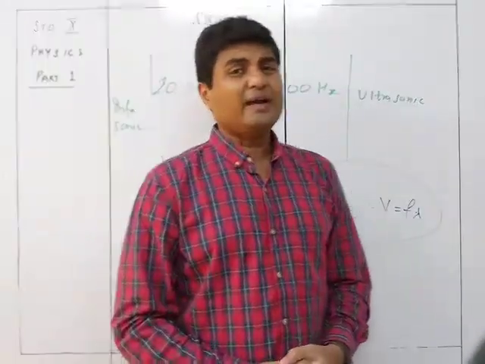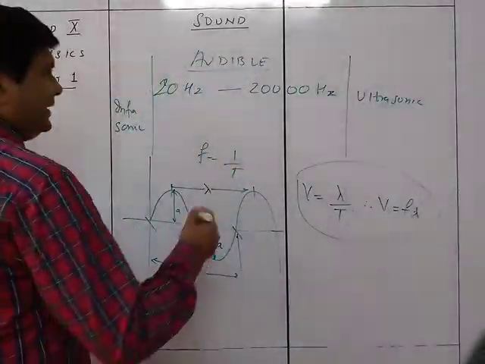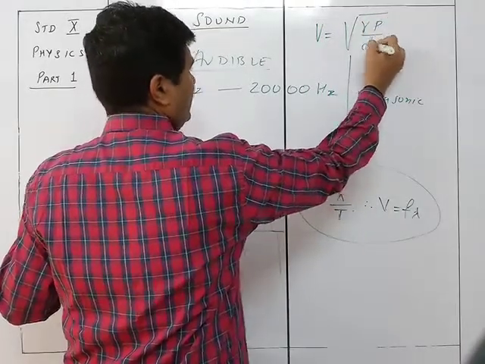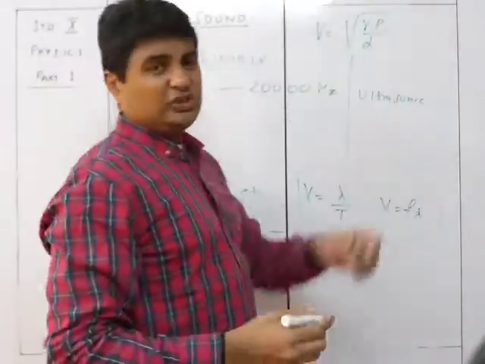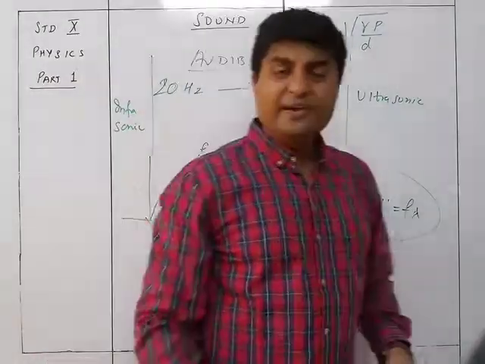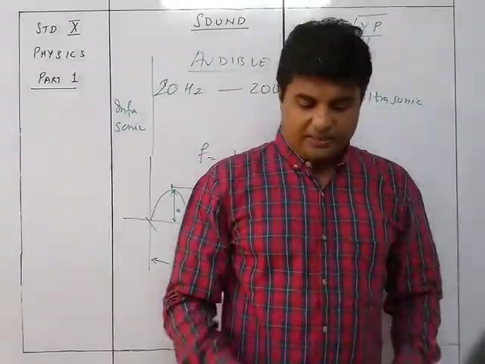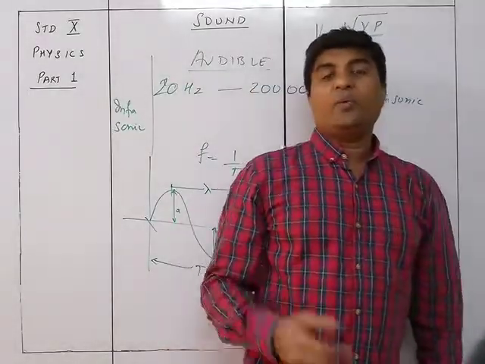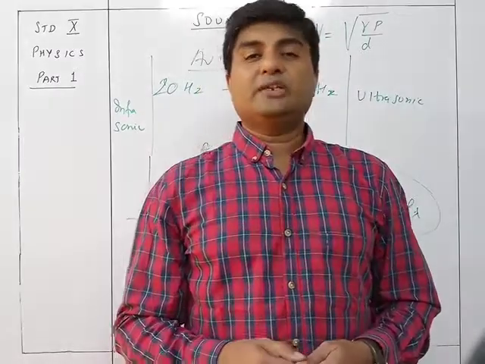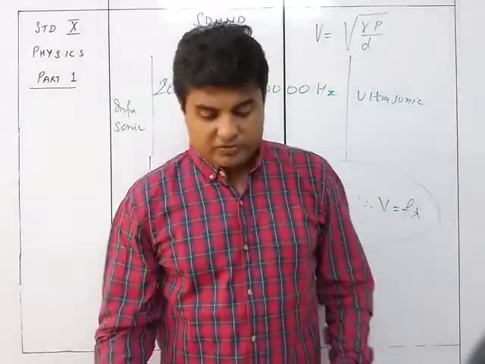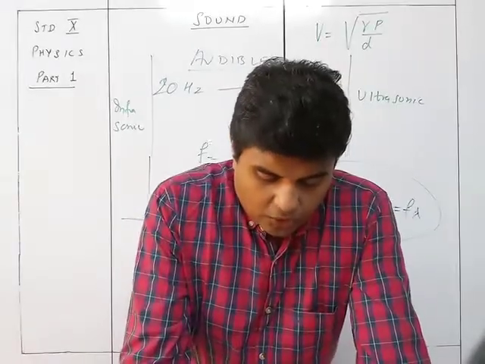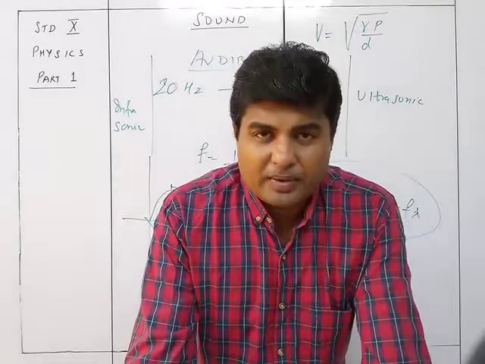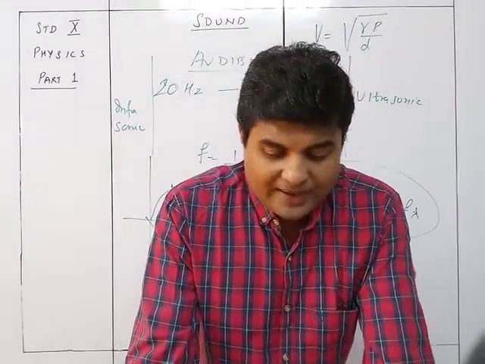So we see that the velocity is given by the square root of gamma p upon d. Here d is the density, p is the pressure, and gamma is the ratio of the specific heats, which accounts for any change in the heat content of the medium, the gas.